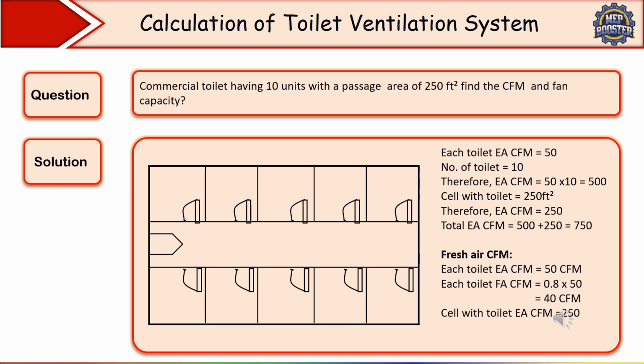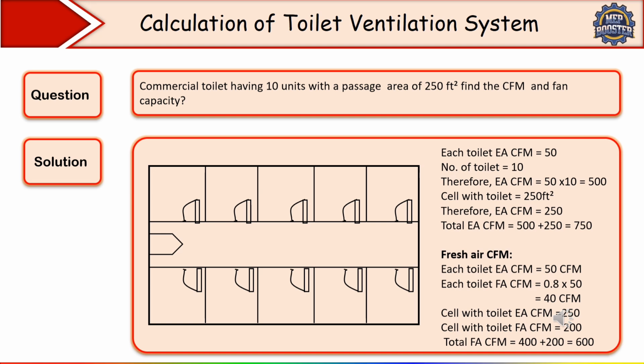Now if you want to calculate how much fresh air we have to supply in the passage area: if you remember, exhaust air CFM in the passage area is 250. So 80% of 250 we get 200 CFM. Now total fresh air CFM we have calculated is 600 CFM.